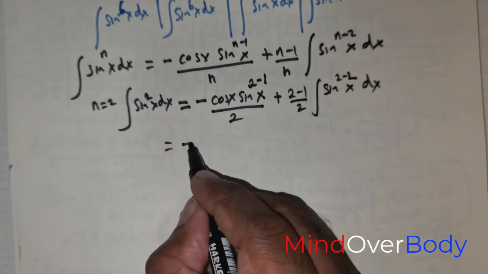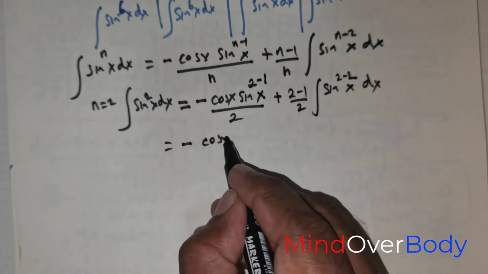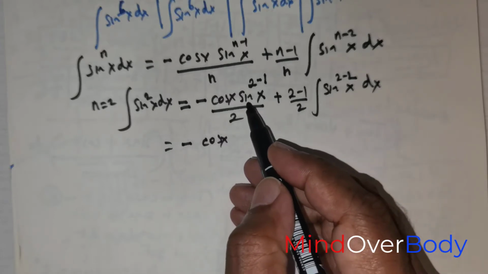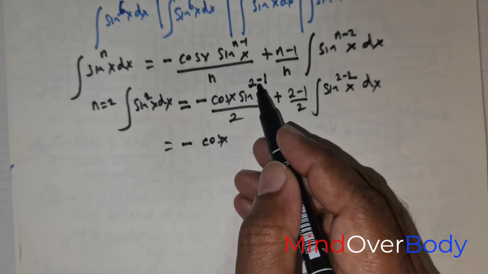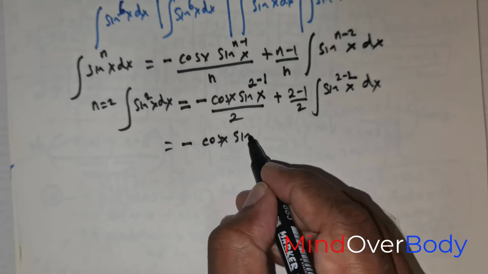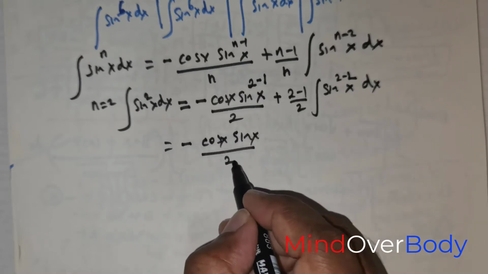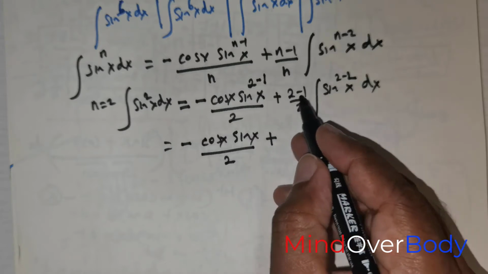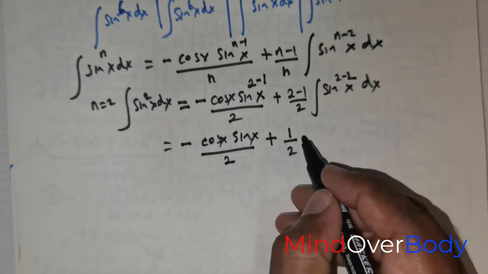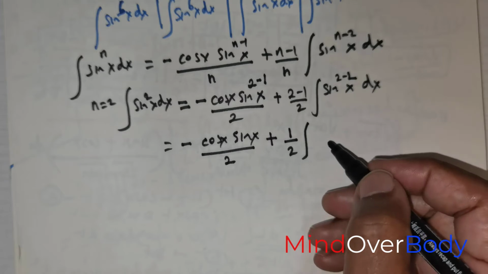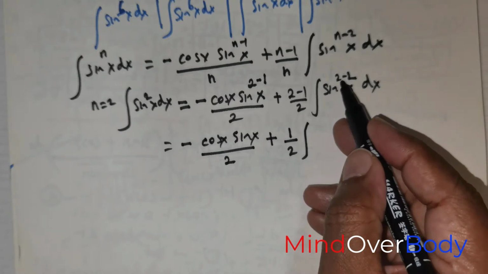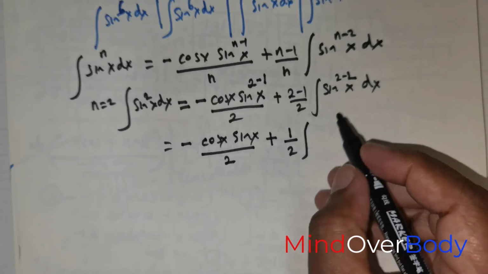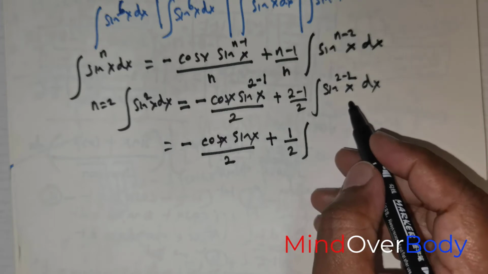So this is equal to negative cos x sine x divided by 2, followed by a positive sign, and 2 − 1 gives me 1/2 times the integral of sine to the power of 2 − 2, that's 0, so that's going to be 1, right?